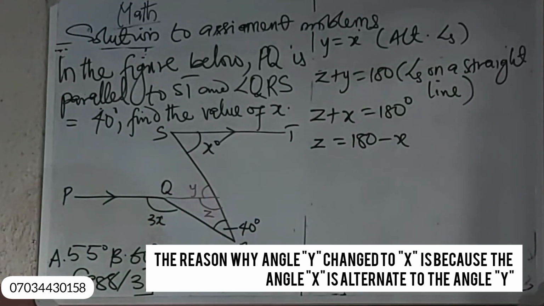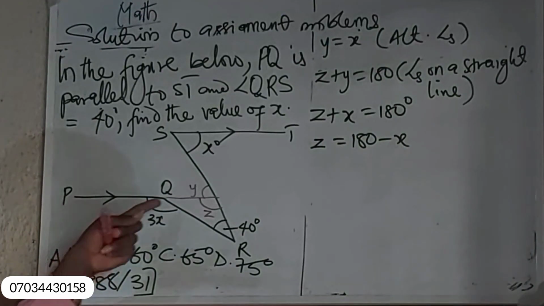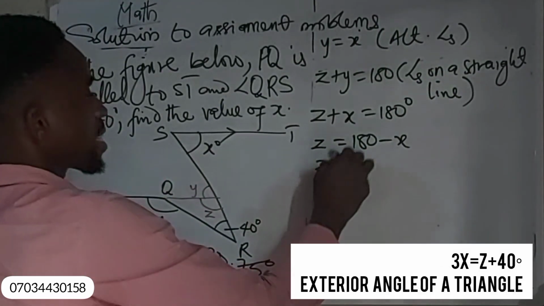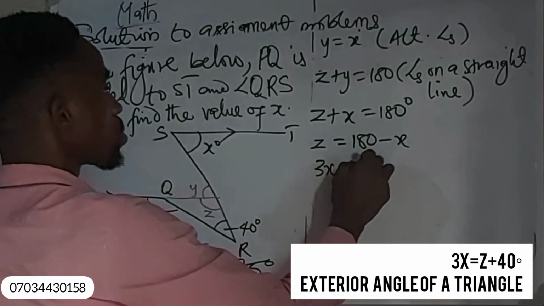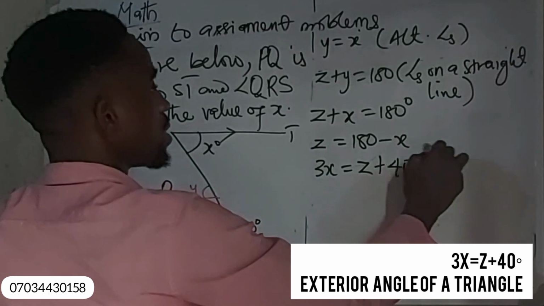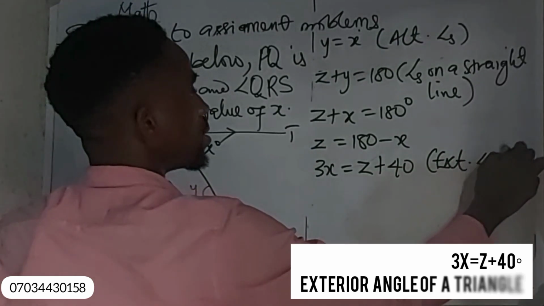That's it. Then I will know that angle z plus angle 40 will give me the angle that is outside. The reason is because this is the interior angle to these two. So I can say that 3x is equal to z plus 40, exterior angle of the triangle.